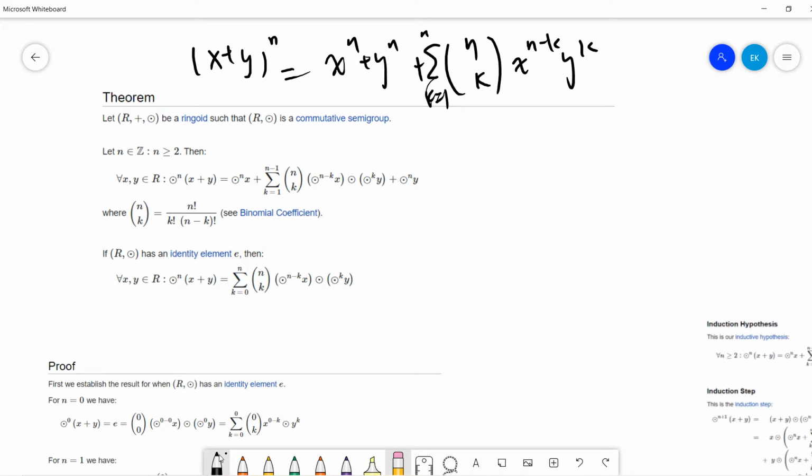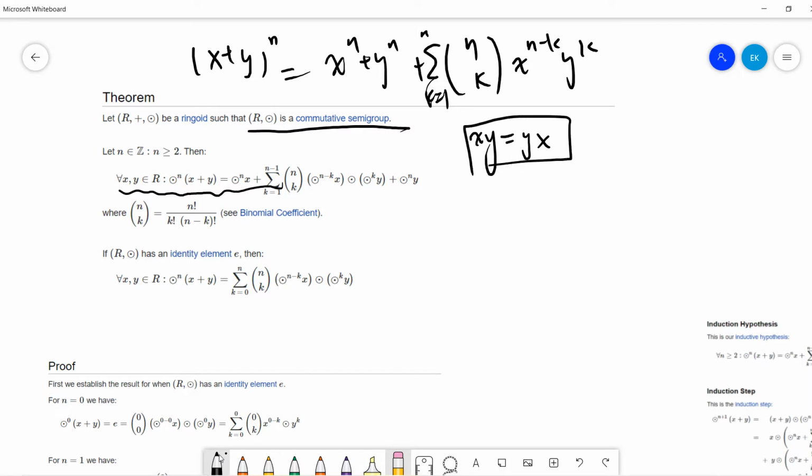Okay, so this is the theorem, but now we are just using a commutative semigroup, or basically you can view it as just a commutative ring. All we need to have is this and the associativity. So this circle, I will call it dot.